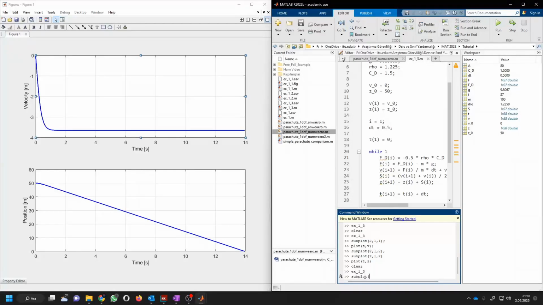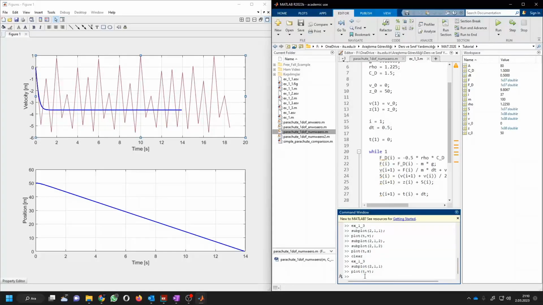Subplot 2, 1, 1. Plot t, e. You see that? This is the instability we have mentioned during the definition of the implicit and explicit methods, right? Okay.